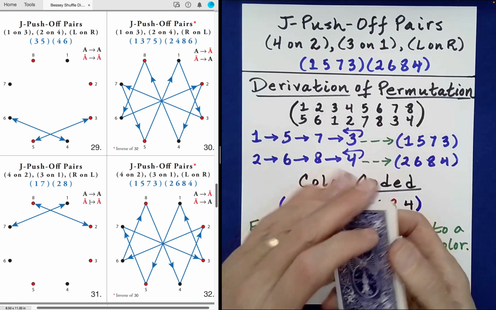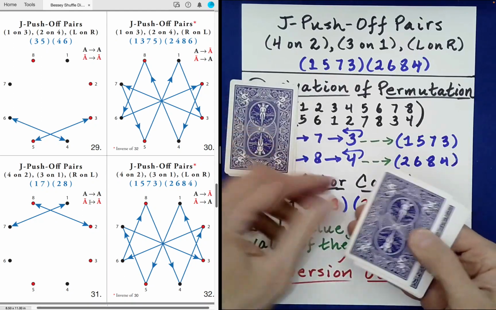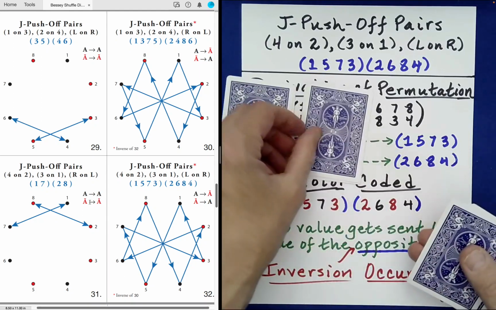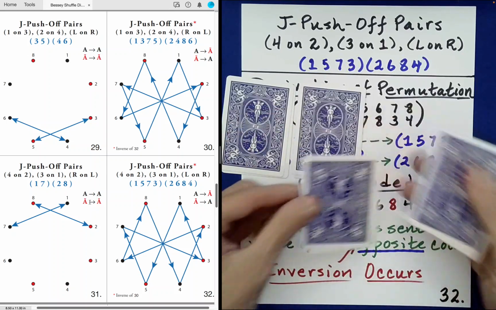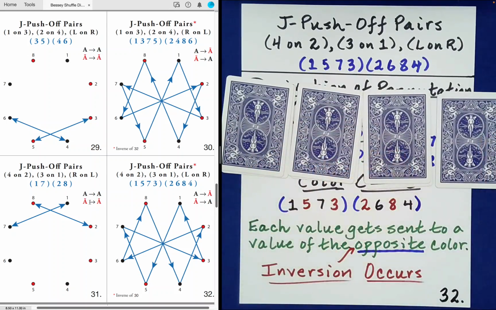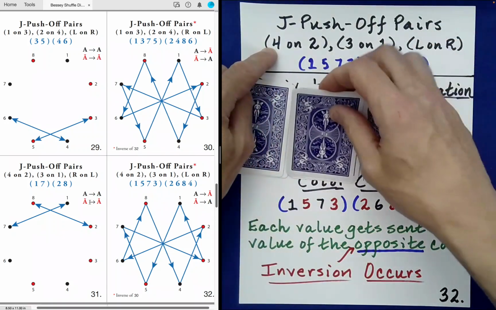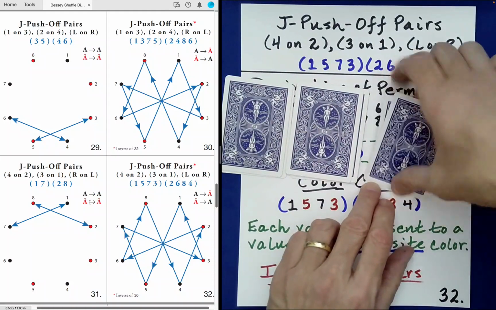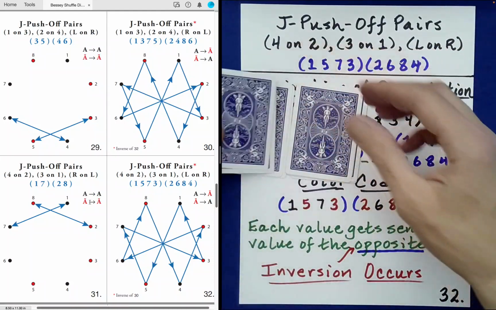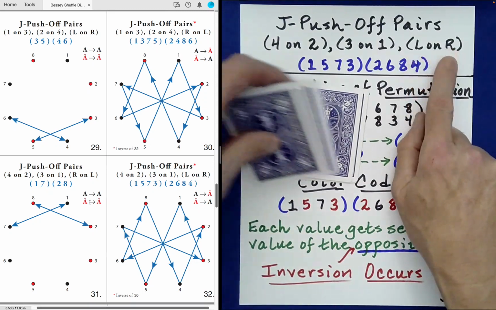So we're going to perform our shuffle. We push off the top 2, push off the next 2 as a second pile, the next 2 as a third, and the final 2 as a fourth pile. And the stacking is the fourth pile gets stacked on top of the second, the third pile gets stacked on top of the first, and then the left pile is stacked on top of the right.